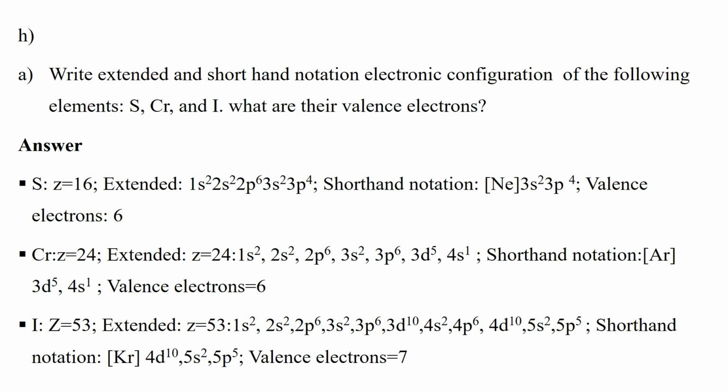What is the number of valence electrons? We are counting 2 plus 5, we have 7 valence electrons. Of course, we don't count this 10 because the d is filled. We don't have to count the electrons in the d as valence electrons because d is filled. You have d10 which is filled.